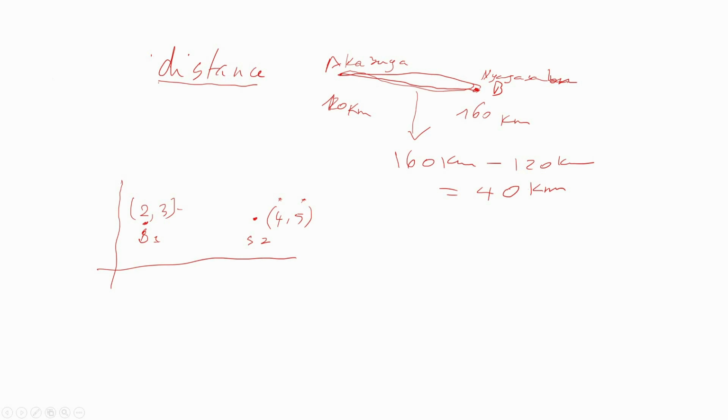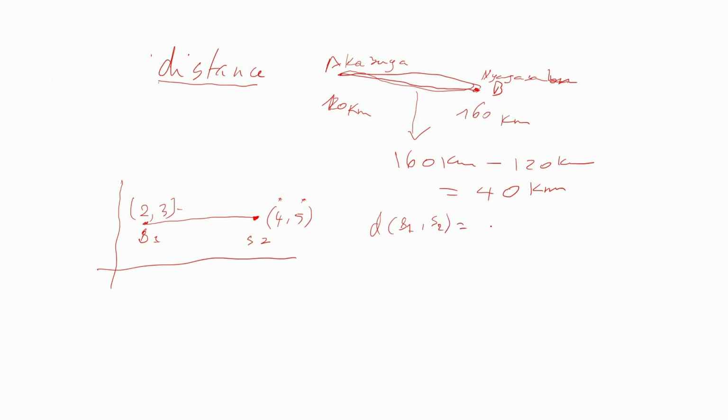This is when you have one direction, from one place to another. What if you are comparing in a plane? Suppose you have a switch in your house, which is 2 meters from the door horizontally and 3 meters vertically, and another switch which is 4 meters in your room and 5 meters upward.